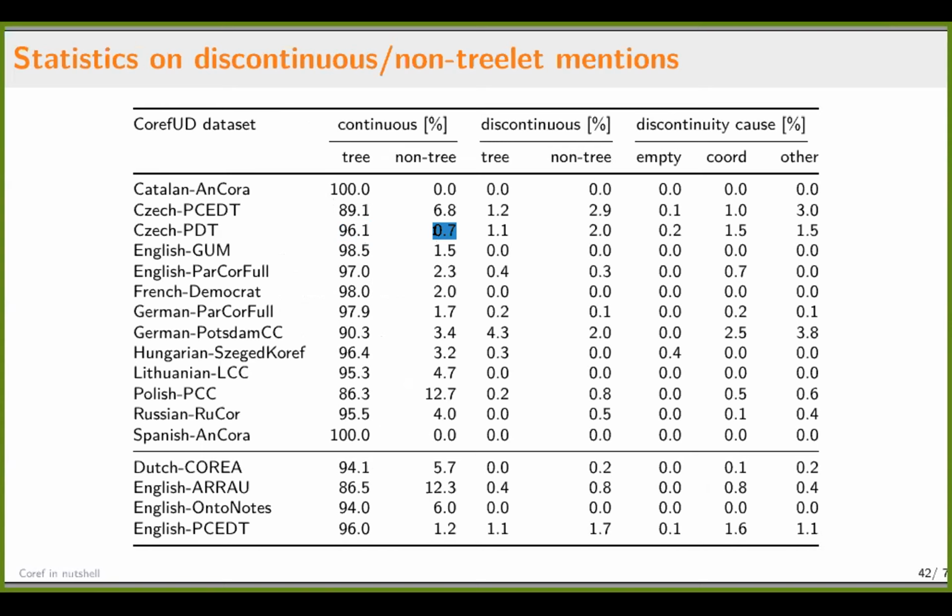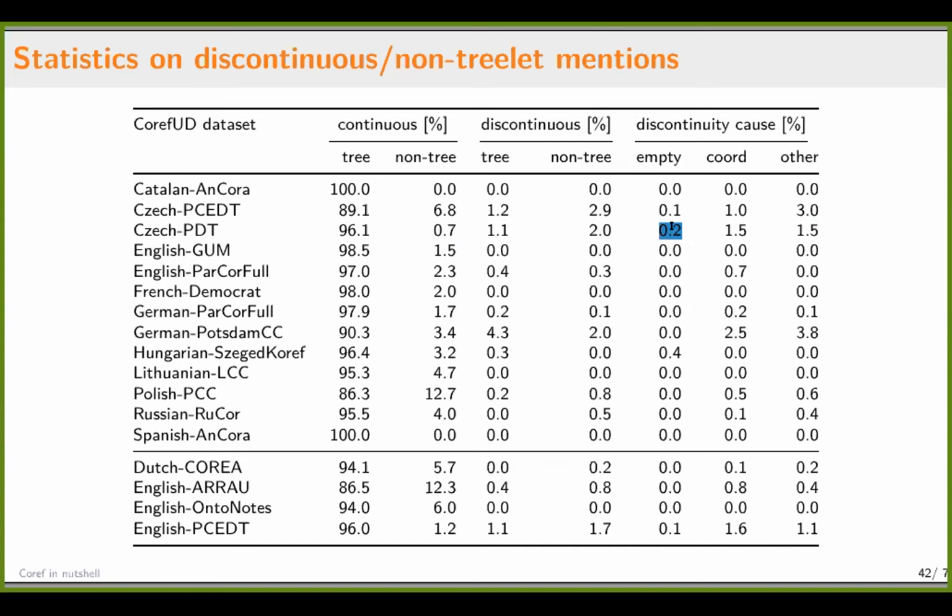This is what I wanted to say. And as for the linear discontinuous mentions, again, we can distinguish the treelet and non-treelet cases. And in the last three columns, I try to detect what is the reason for the linear discontinuity. So if we sum up those three numbers, it should be the same as the summation of those two numbers.